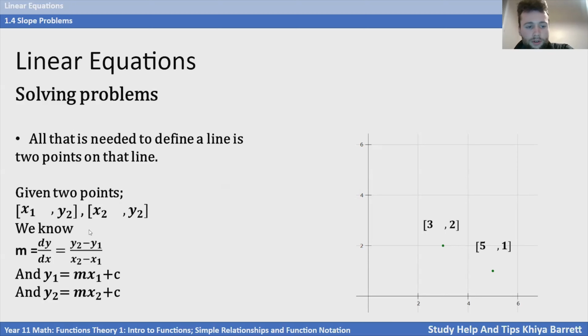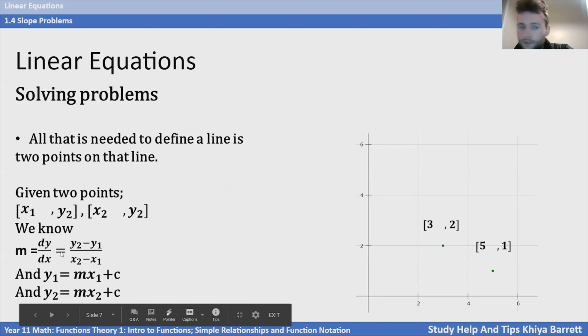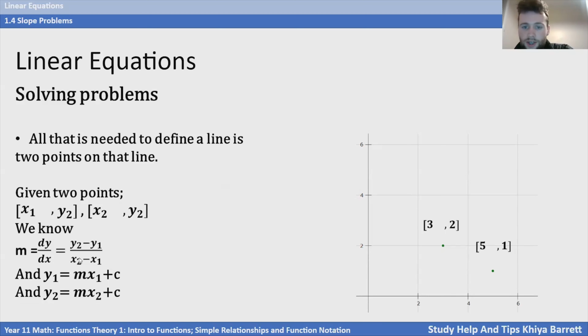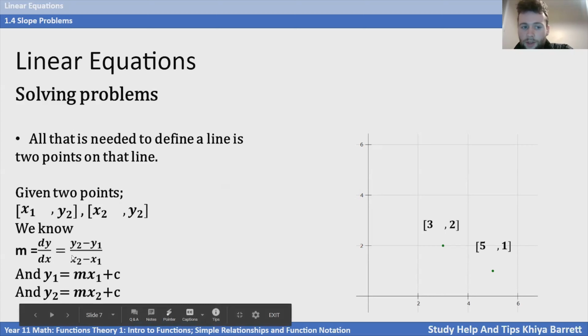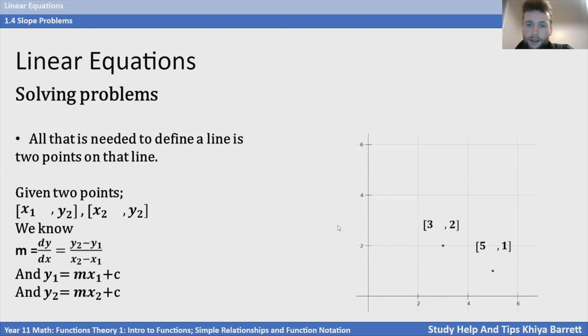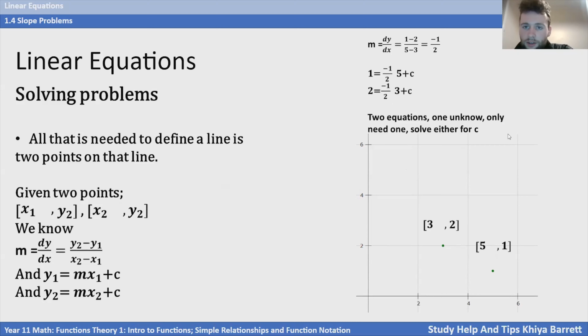So what we're going to do is we're going to use the derivative here, the change in y over the change in x, to define m. And you can just use y coordinate 2 take y coordinate 1, over x coordinate 2 take x coordinate 1. And as you can see, we've done that here. And you can do it with either one. Both equations will work.